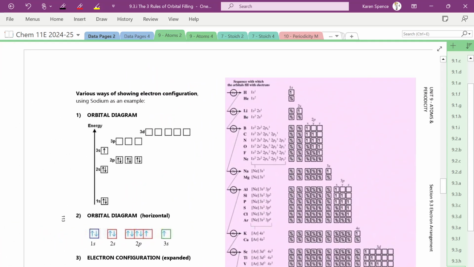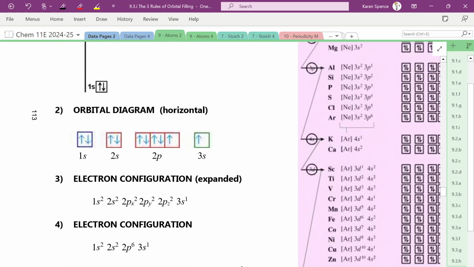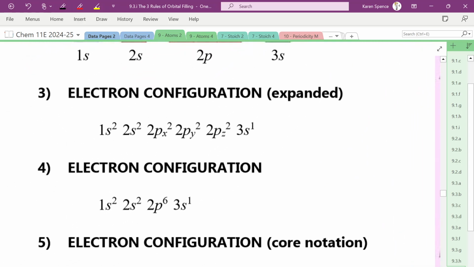Now, on the next page, I just want to show you various options that are available to you in showing the diagrams. This is what we've been using up till now, where we have our potential energy going upward, but sometimes that takes up too much room. So you might be asked to do them horizontally, where we have our increasing energy going to the right. You can also be asked to do your expanded electron configuration.